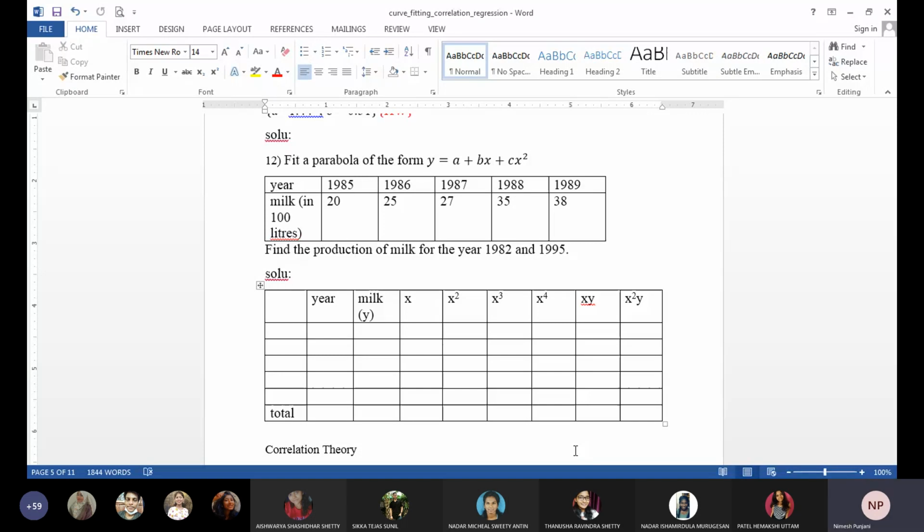So come on, solve sum number 12 and tell me the answer. If you get stuck at any place, you can tell. I'm here only. I'm not going anywhere.